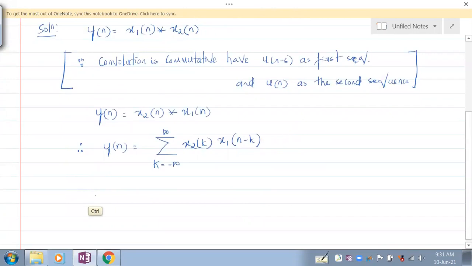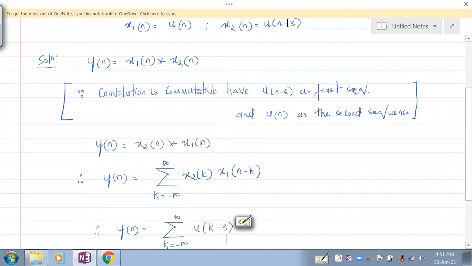So therefore our y of n would now look like this: k ranging from minus infinity to plus infinity. Okay, x2 of k is what? x2 of k is u of k minus 3. Wherever n is there, you need to just replace it by k. So u of n minus 3 would now become u of k minus 3.